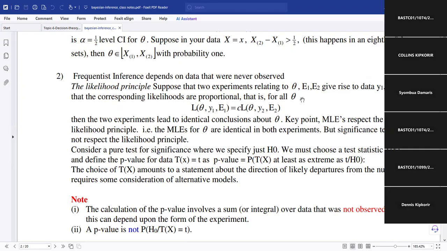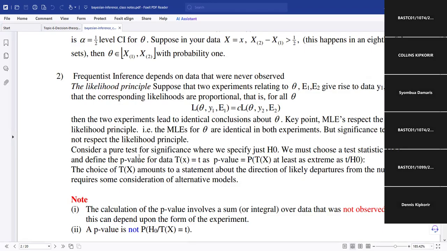That is, for all theta, the likelihood of theta given Y1 in E1 is equal to the likelihood of theta given Y2 in E2. Then the two experiments lead to identical conclusions about theta. The key point is that maximum likelihood estimates respect the likelihood principle, i.e. MLEs for theta are identical in both experiments, but significance tests do not respect the likelihood principle.